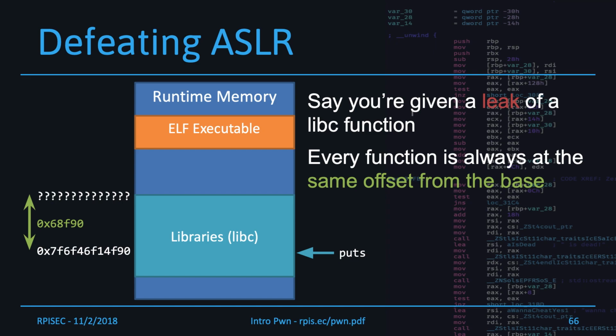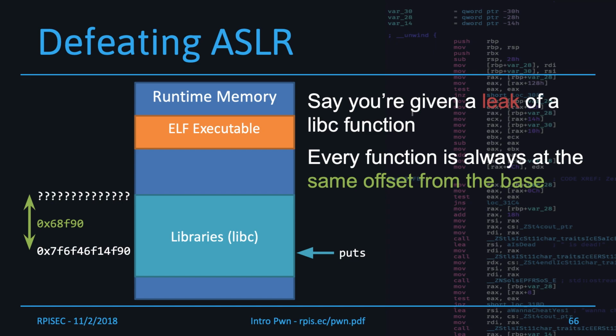It won't rearrange where functions are within libc because it's just in a file that it's mapping in. So it can change which virtual addresses map to where the start of it is, so it can move it up and down in memory, but it can't change things within it. So puts will always be at the same offset from the beginning of libc.